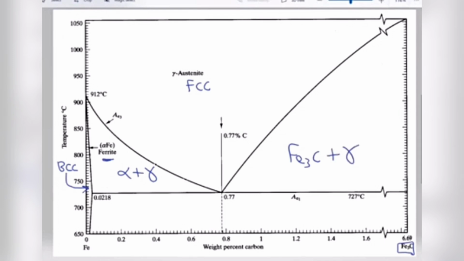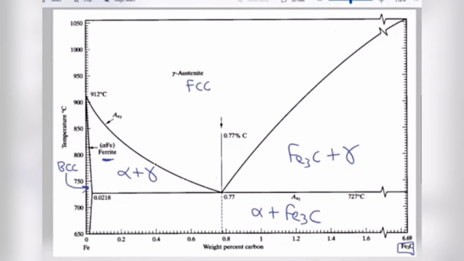And at the bottom, we have our region, which is alpha plus cementite. This laminated mixture of alpha and iron carbide is also known as perlite. And alpha plus cementite will extend to both sides of our eutectoid point.